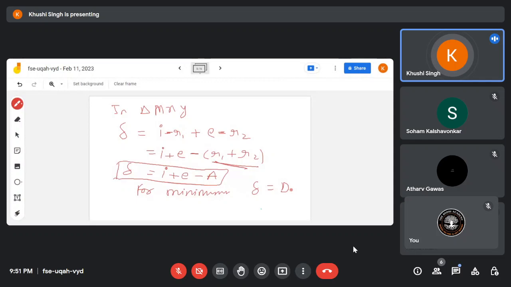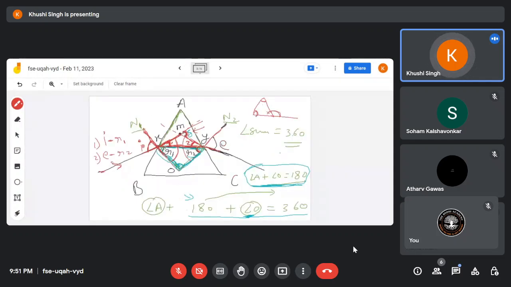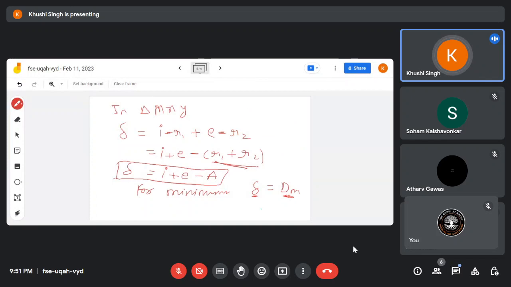So in that case, angle I and angle E both will be the same, and angle R1 and R2 both will be the same. So simple assumption: if my del is equal to del minimum, I will have my I equal to E and R1 equal to R2.